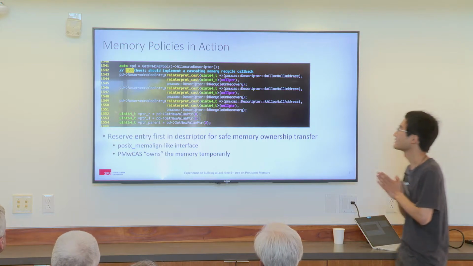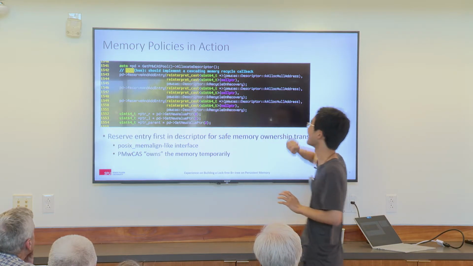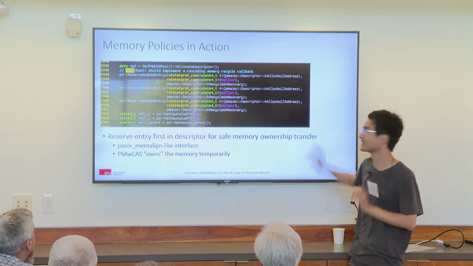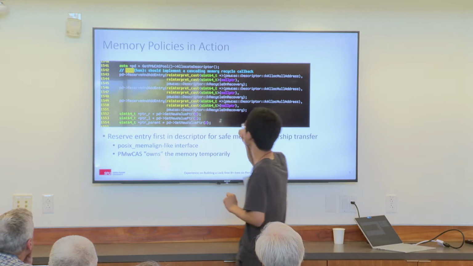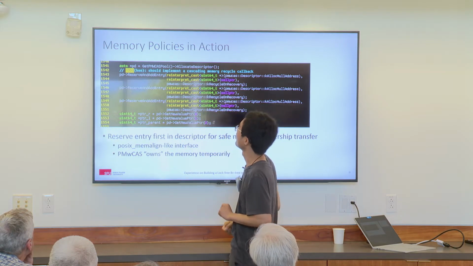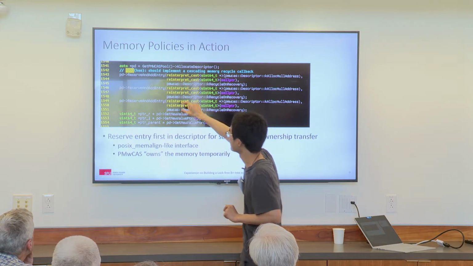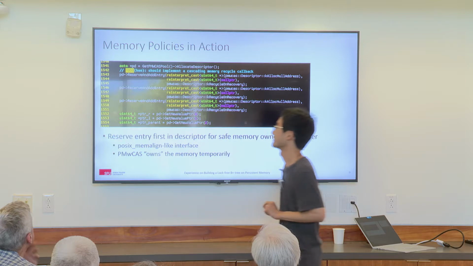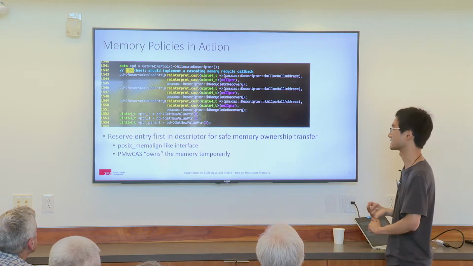Okay, so now this is what it actually looks like. Apparently this one has a bug. It actually doesn't work, and that was one of the initial implementations. So this is for splitting, right? We're getting the descriptor here, and that's my student. This reserve and add entry call is something that we designed specifically to cope with this scenario.